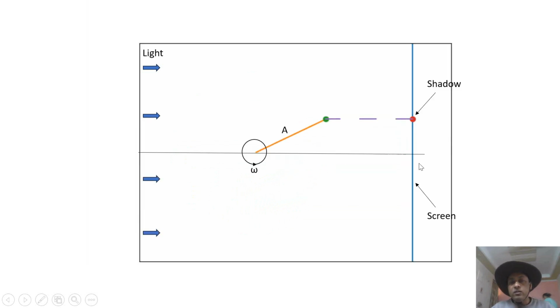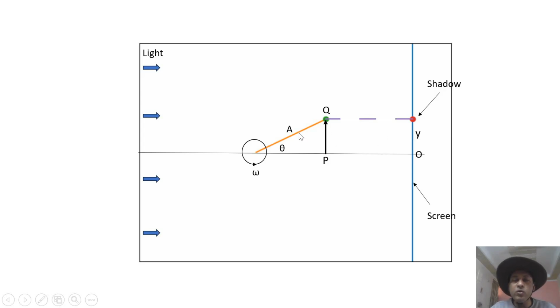Suppose at an instant when it is spinning, this bar is making an angle theta with the horizontal, with this line. The distance of this mass from the reference line and that of the shadow will be the same because light moves in a straight line. Suppose that distance is y, and this distance is PQ.